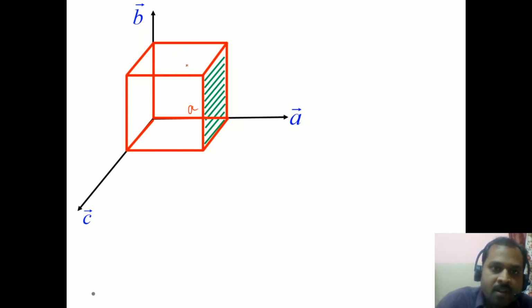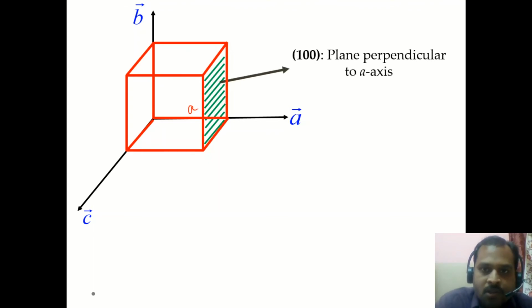It is never meeting the axes B and C. So the intercepts are A, infinity, infinity. If you divide by the corresponding lattice parameter, it becomes 1, infinity, infinity, and then when you take the reciprocal, it becomes 1, 0, 0, and the common ratio remains the same. So the plane is (1 0 0) and this plane is perpendicular to this axis A.